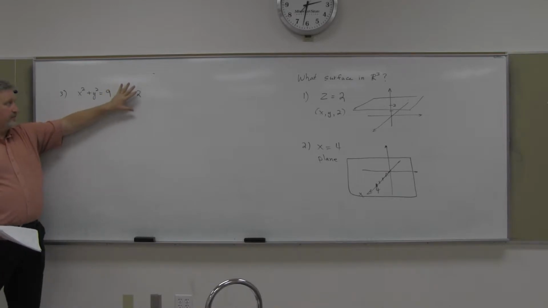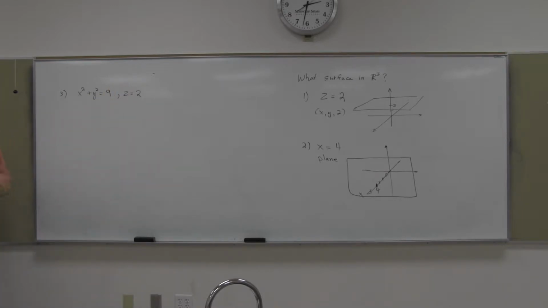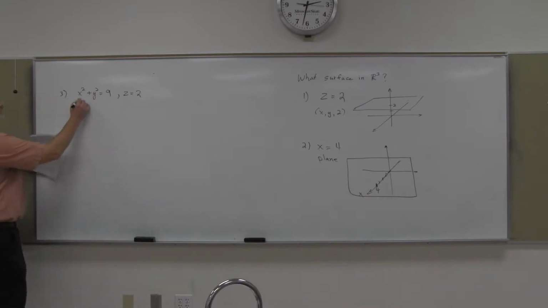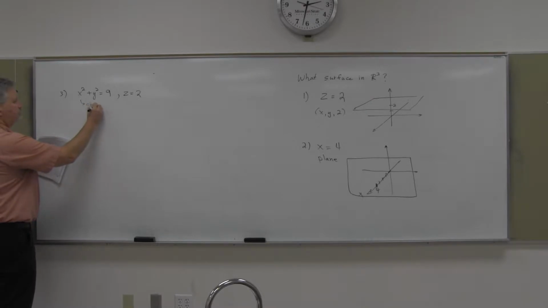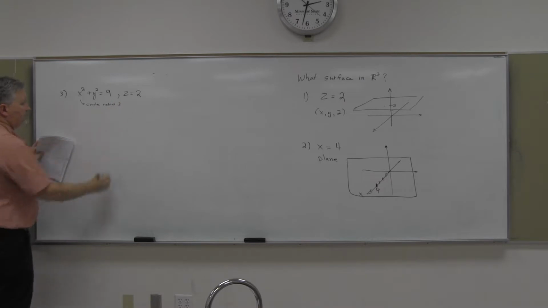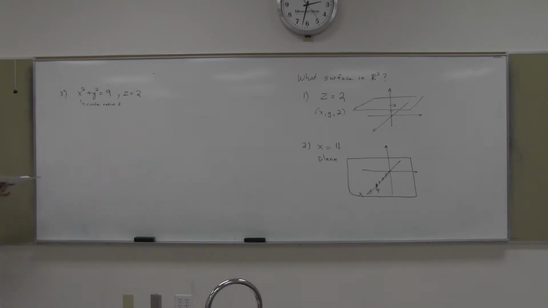So x squared plus y squared equals 9, that's a circle, isn't it? A circle with radius 3. As far as xy goes, the center would be 0, 0, right? X is 0, y is 0.